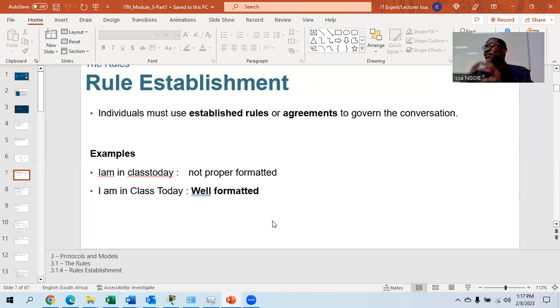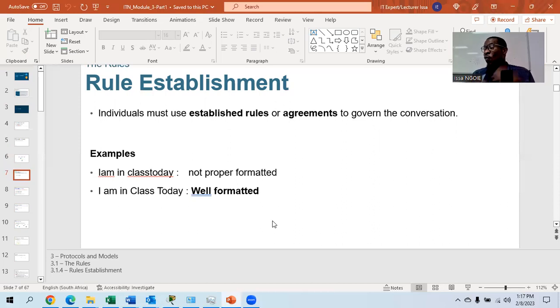When you connect your devices, those devices need to follow the same rules, the same principles, for better communication, right? So if one device doesn't follow those established rules, it's going to be very difficult for the receiver to understand or to get the message, right? So both devices, sender and receiver, need to have established rules for them to communicate properly.